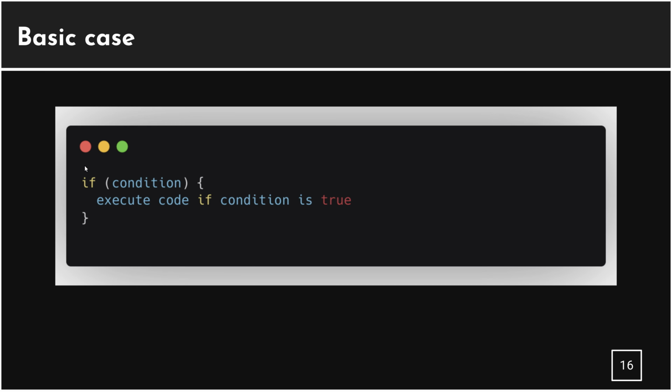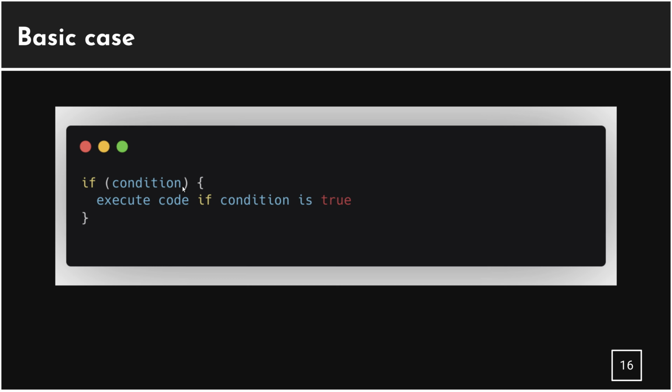So this is the most basic example of a conditional statement. We have this syntax, if and then the condition that gets evaluated, and then we open a code block with these curly braces. Inside the curly braces, we have the code block that will be executed if the condition is met. So execute code if condition is true. Inside this condition, we have an expression like we mentioned earlier.